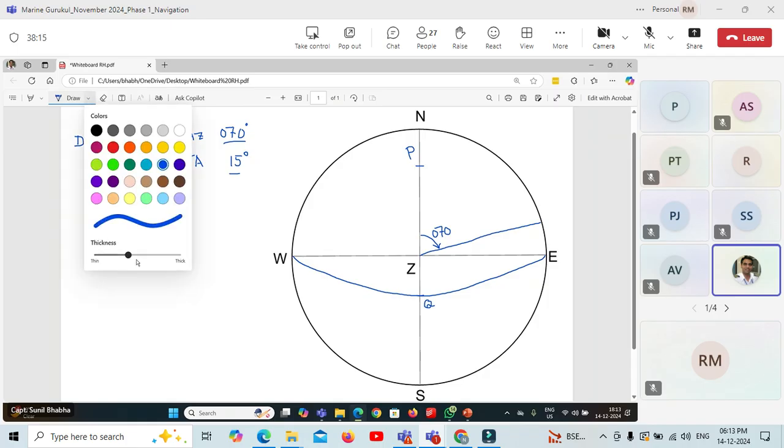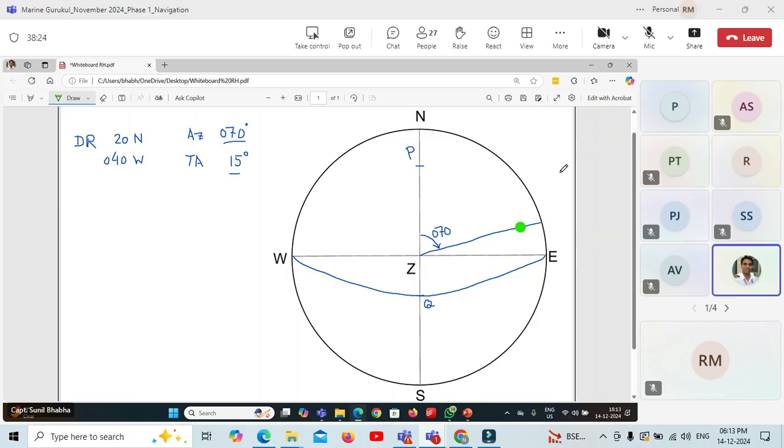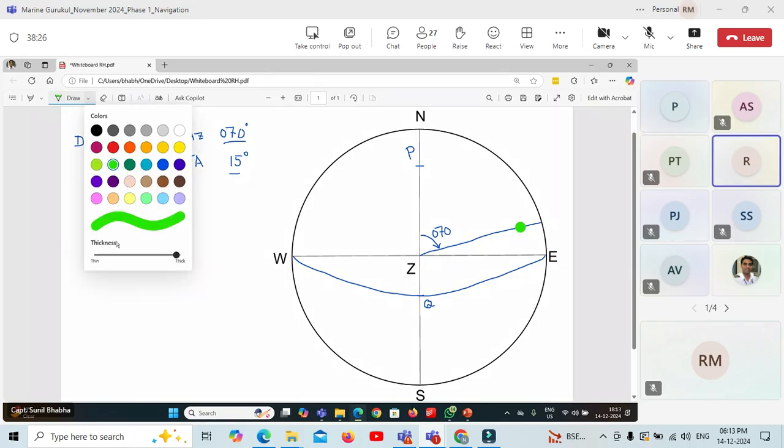Let's show the body with a green color. The body is here. Agree? So how is this azimuth measured, from where? If it is in the three-figure notation, it is always measured from north and it is measured clockwise.